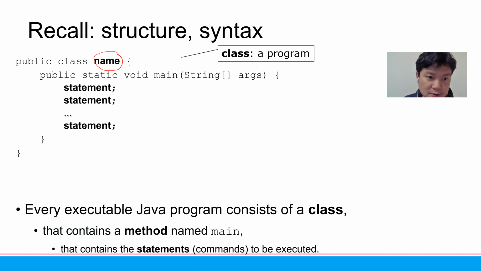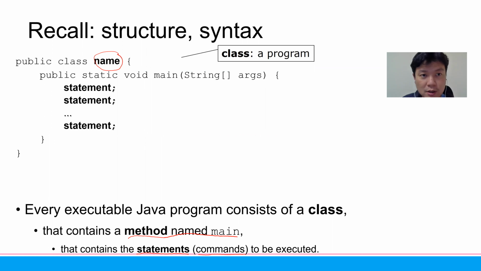In the class, it contains a method. There is a method, and the name of the method is main. And in the main method, there will be statements or commands to be executed. There is not only one statement, but many statements.